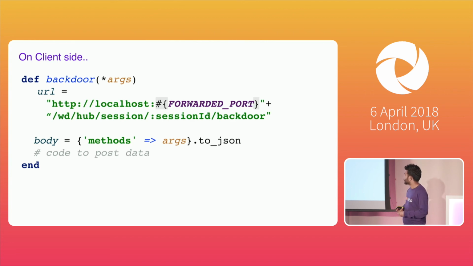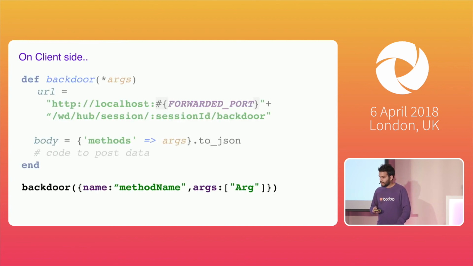And this is the method which I actually showed you during my demo. It's basically posting on the same endpoint with well-formatted data. So that's how you will call it. You say backdoor and then the method name, arguments, and so on.